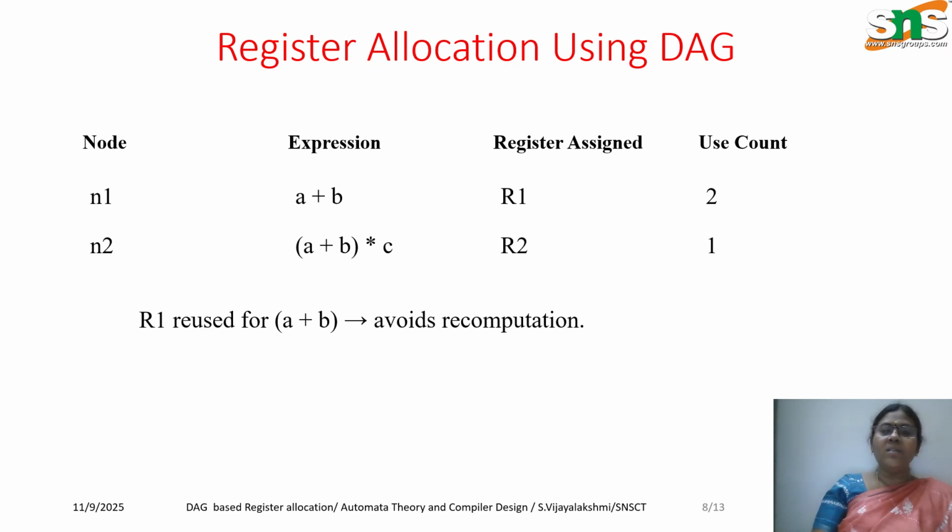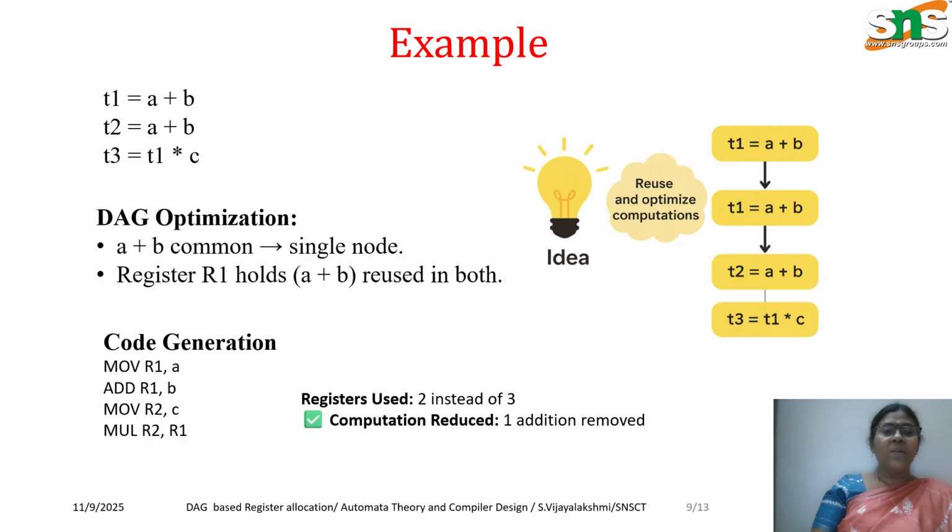So R1 is reused for A plus B, which avoids the recomputations. Since A plus B is used twice, we compute it once and store it in R1, reusing it later. This saves both time and space.